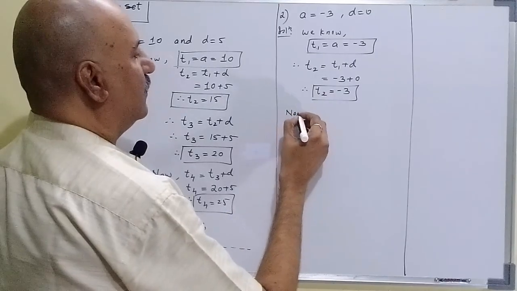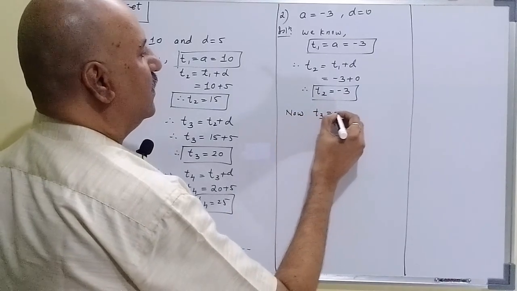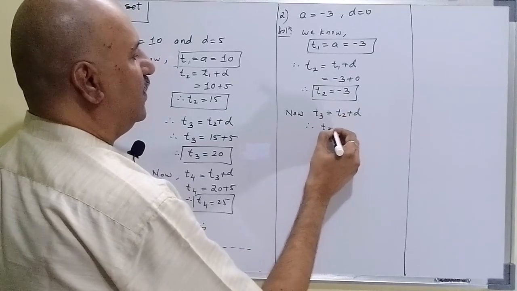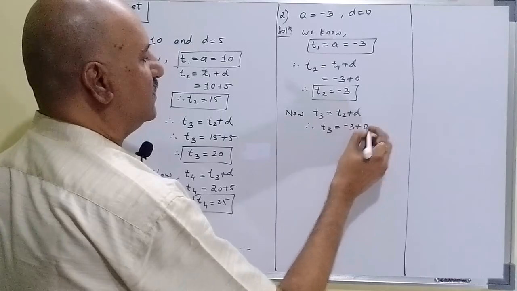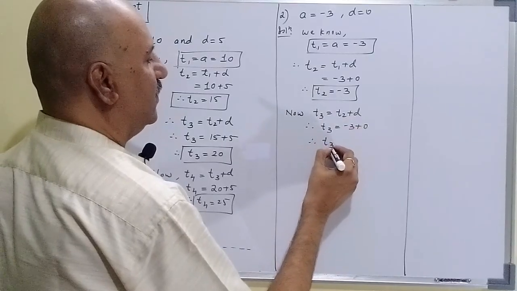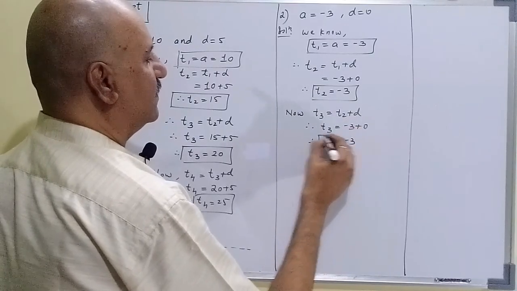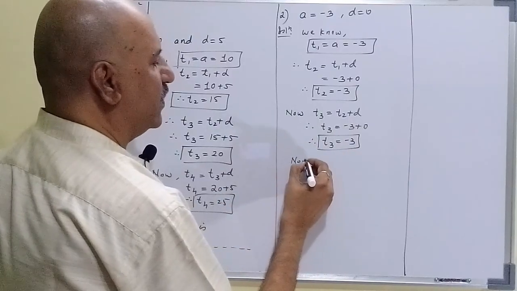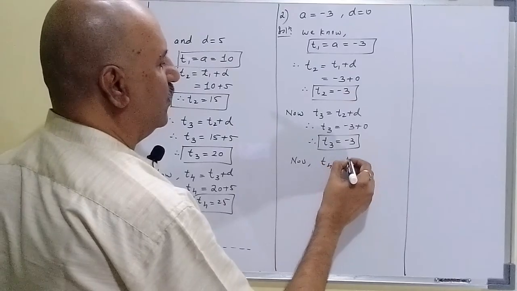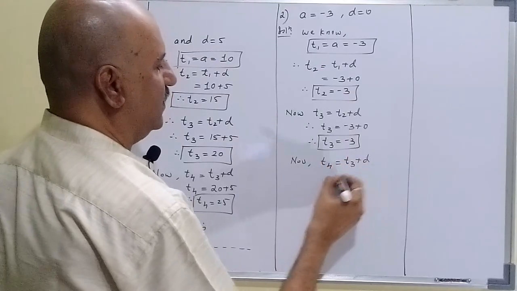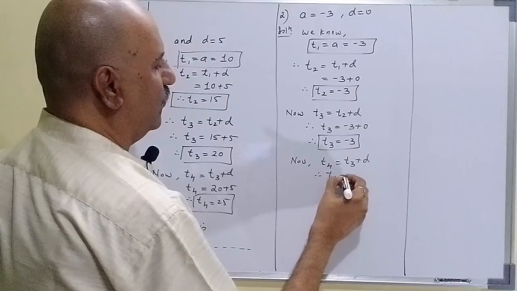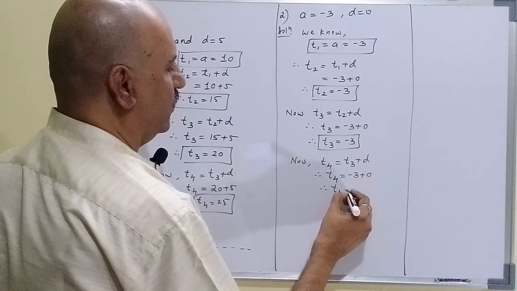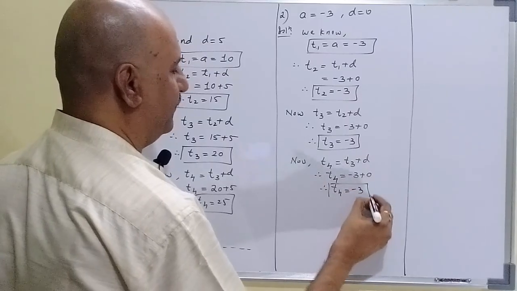Now what is T3? It will be T2 plus D, therefore T3 equal to -3 plus 0, therefore T3 equal to -3. Now T4 तक निकालो, T4 equal to T3 plus D, therefore T4 is -3 plus 0, so T4 is -3, काफी है.